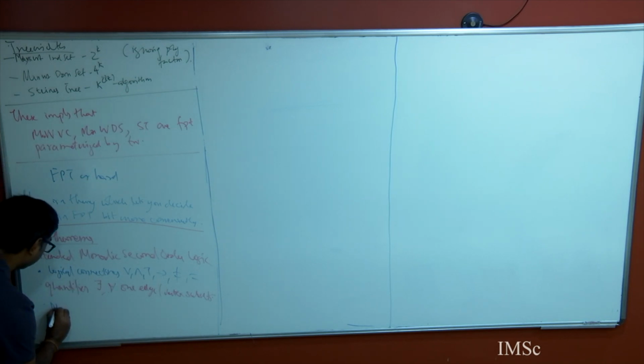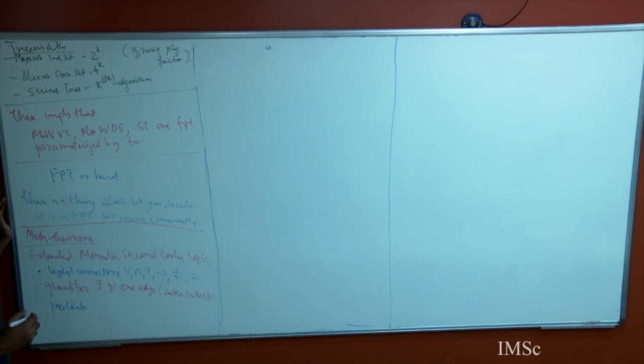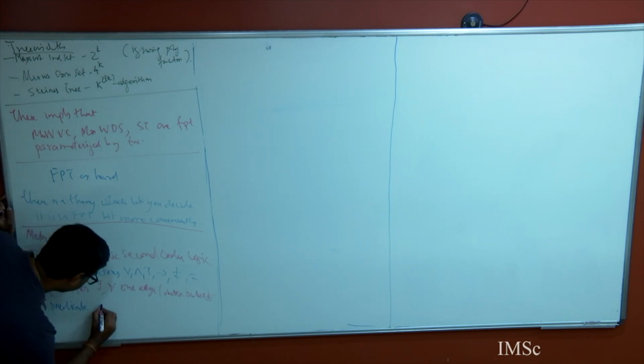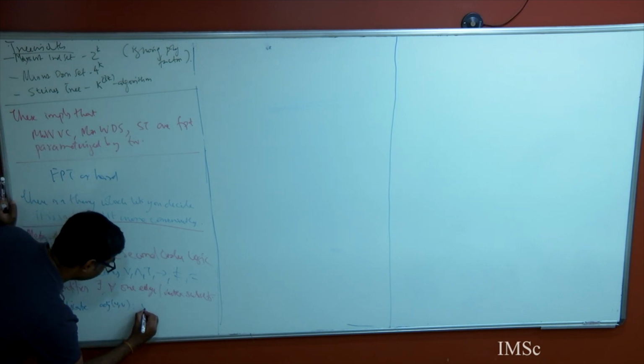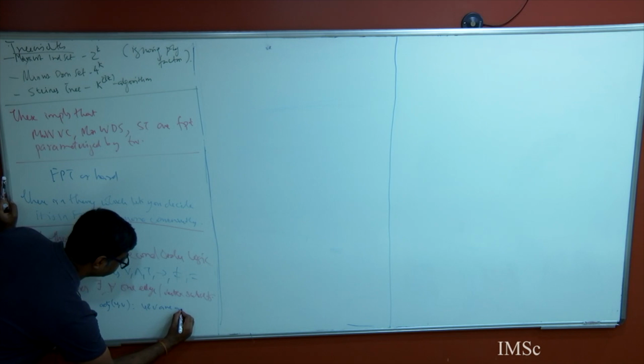Then you have predicates. One is adjacent(U, V), which tells you whether U and V are adjacent or not, and this is true when U and V are adjacent.